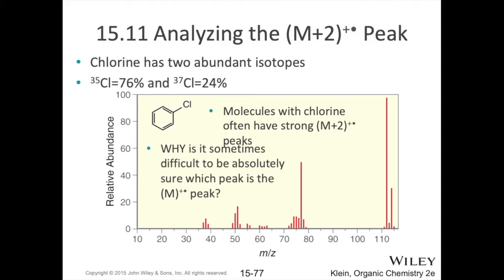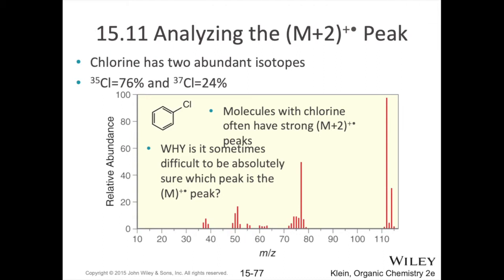All right, now that being said, there are other isotope effects you want to keep in mind, and those also give away some telltale signs for molecules you're dealing with, or at least atoms within your molecules. So, for example, chlorine has a very interesting isotopic ratio. Chlorine is mostly made up of chlorine-35 and chlorine-37, out of which about 3/4 of it is chlorine-35, and the remaining quarter is chlorine-37.